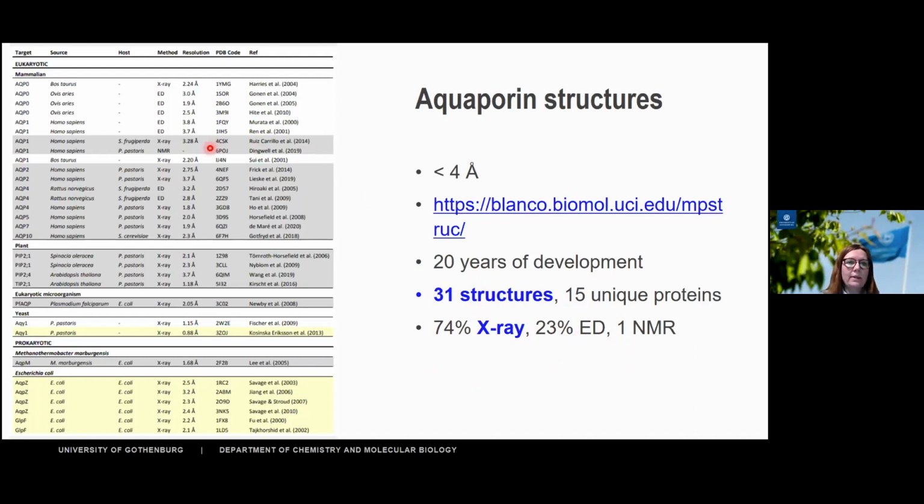In this table, we have the origin of the target, the source for the production, the host in the case of recombinant production, the method for structural evaluation, the resolution, the PDB code, and the reference. The white area that you see here are proteins coming from the native source, while the yellow area below are proteins that are recombinantly produced using the homologous host.